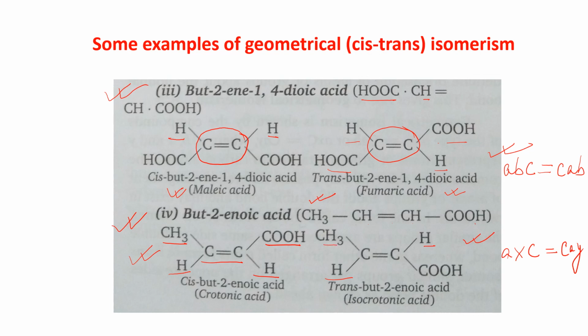Though CH3 and COOH are different, it is of the type AXC double bond CAY, where A is the common one. So the name of the first compound is cis-but-2-enoic acid, or crotonic acid, and the second one is trans-but-2-enoic acid, or we can call it isocrotonic acid.